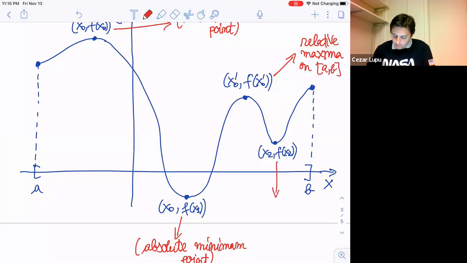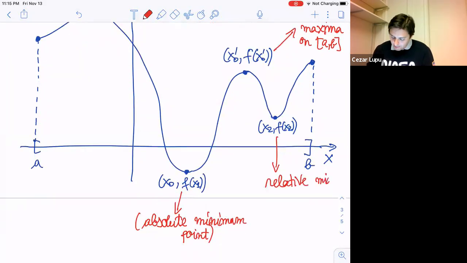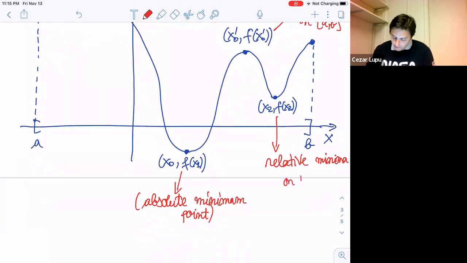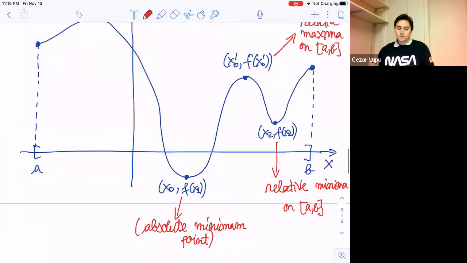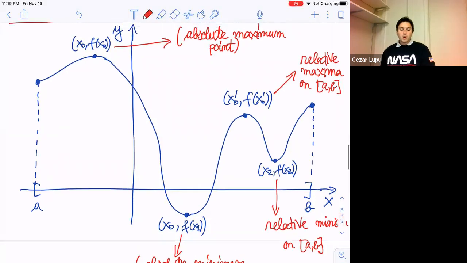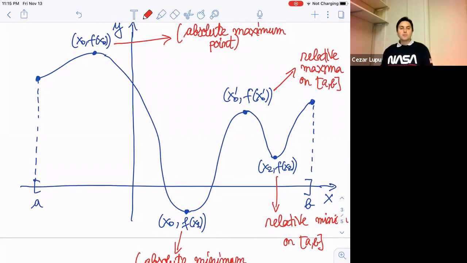And this guy here is nothing else than just the relative minima on the interval AB. So this is what you need to know. Now I think the picture is quite clear, right? So this is how you distinguish between the absolute min, max, and relative min and max, right?